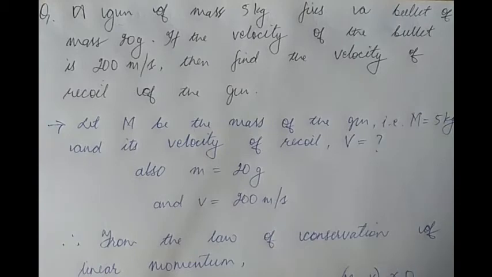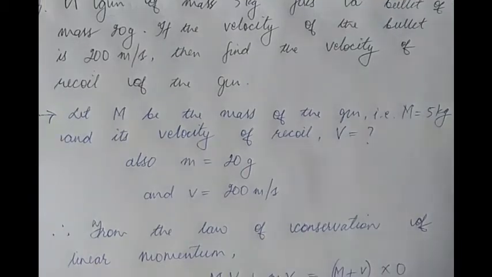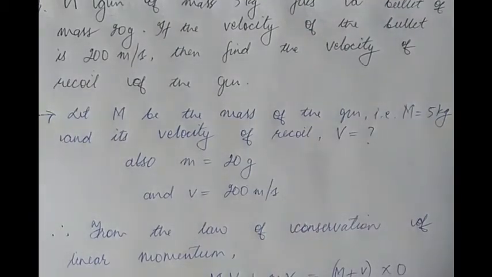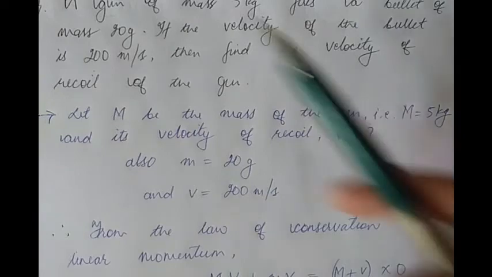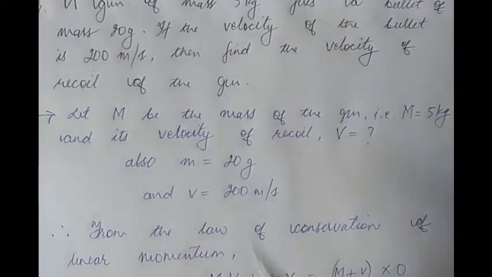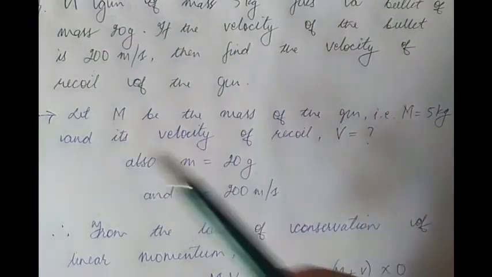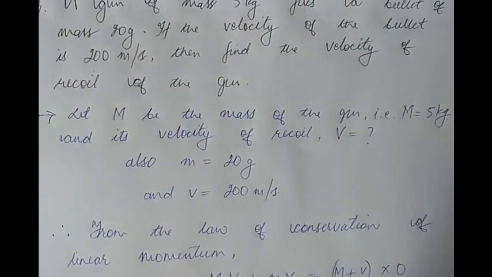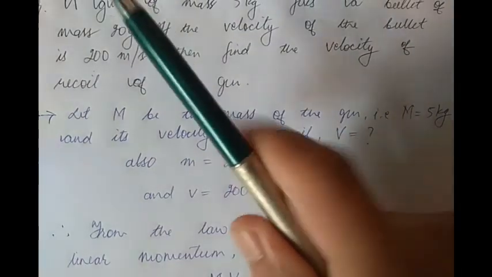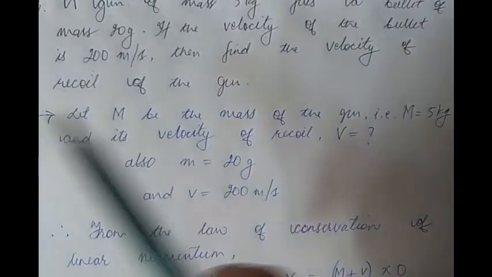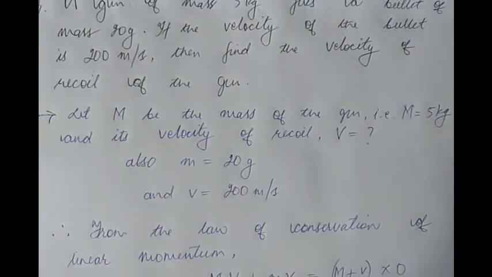Now before the bullet is fired, the bullet itself, the gun, and the hand holding the gun, which of course is not mentioned anywhere in the question, are all part of the same system. Therefore, when the finger pulls the trigger, because of which the bullet gets fired, it's like the particles of the same system interacting.